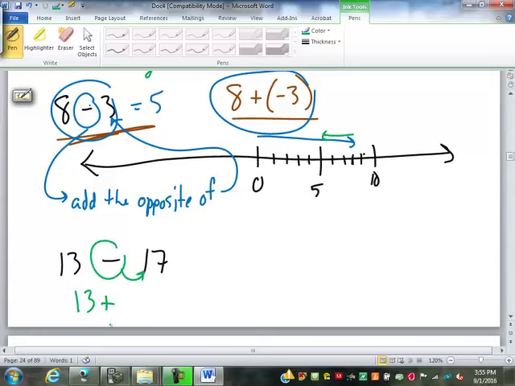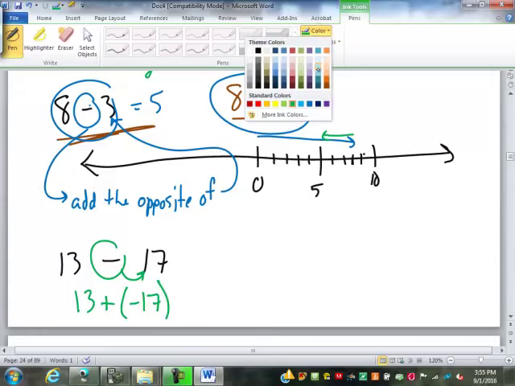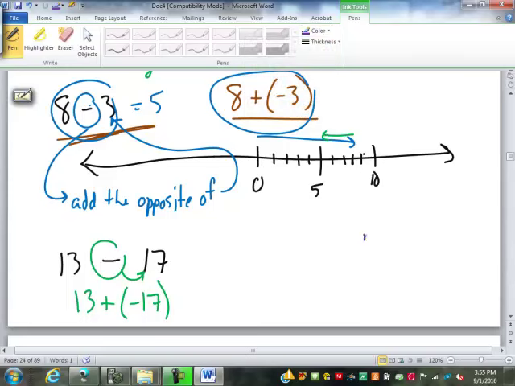So I'm going to add, what's the opposite of 17? Negative 17. And now I can just use those vectors. Here's 0, positive 13, negative 17 is the opposite direction and slightly longer. My answer is negative. The difference between 13 and 17 is 4.